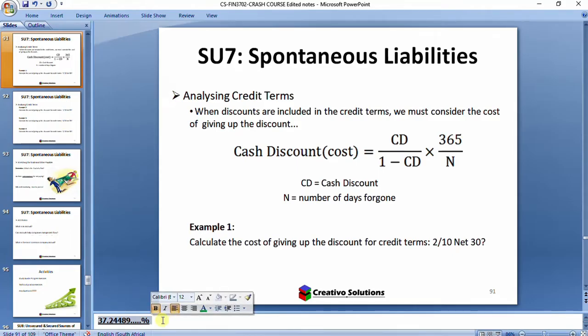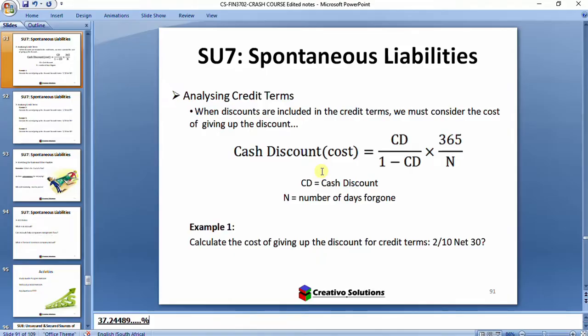Yes. So let's interpret. Remember, we've just done a calculation. We've spoken about this discount story. You can get discounts as the business owing the creditor. They can give you a discount. You can also give a discount to your customer. Remember that. We saw that in the debtors.